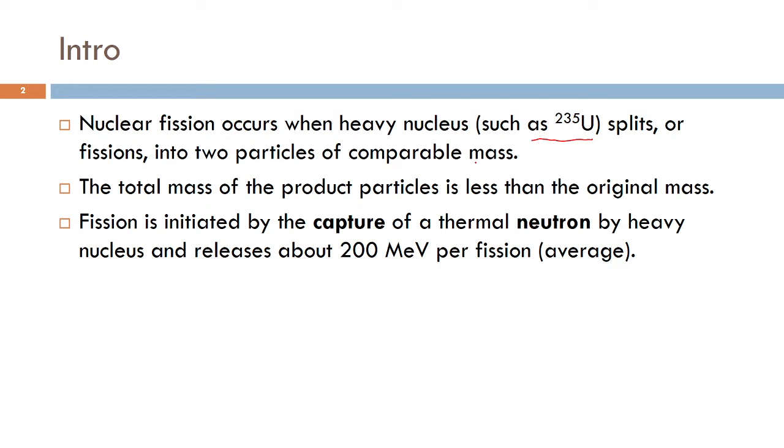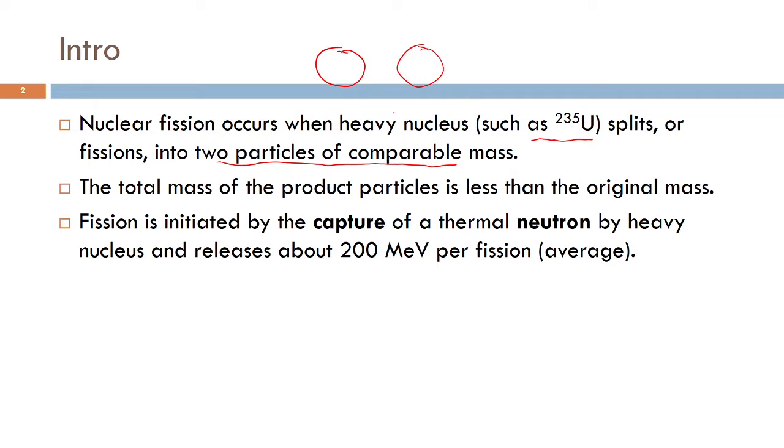Here it is written, two particles of comparable mass. So that means the masses of those two particles are comparable. Here it means both are to some extent large.